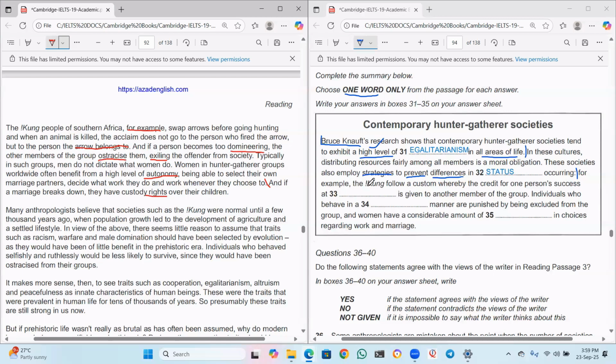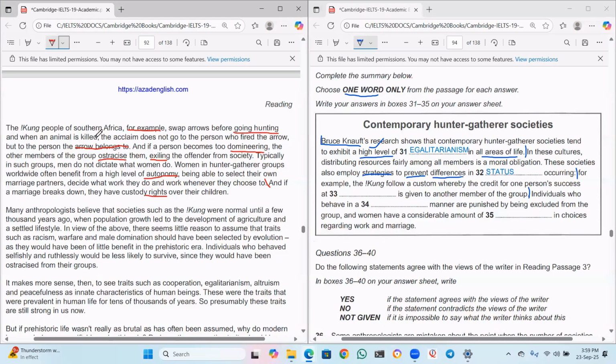For example, the Kung follow a custom whereby the credit for one person's success at a dash is given to another member of the group. Okay, what is he talking about here, guys? He's talking about the first sentence that we read. What is it? So the Kung people swap arrows before going what? Before going hunting.